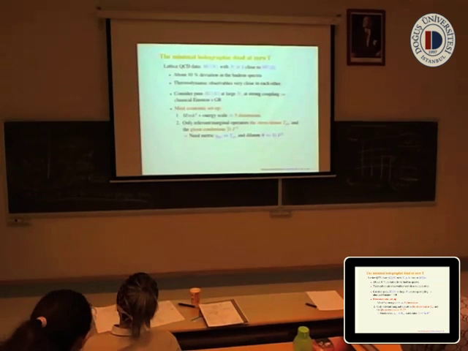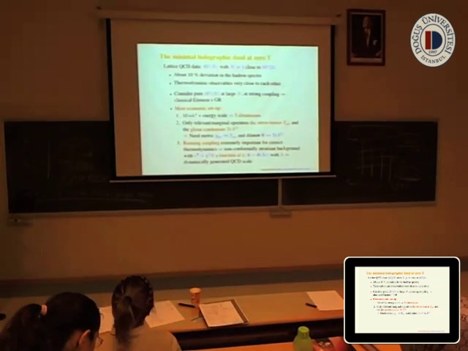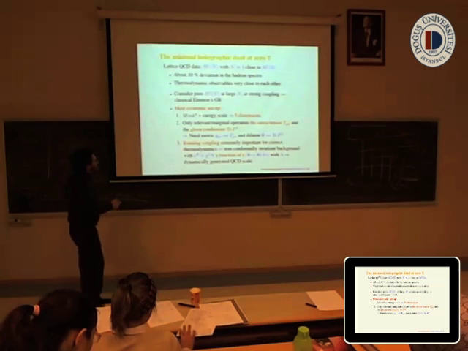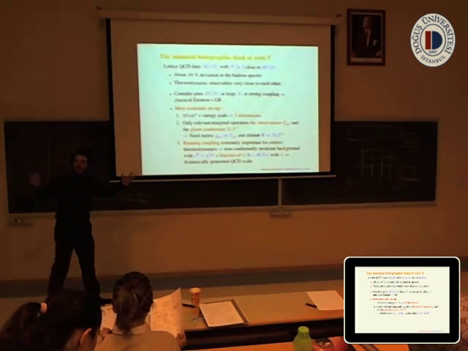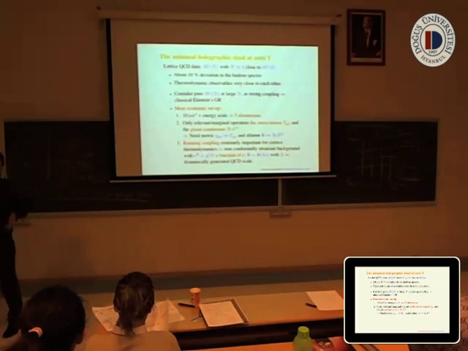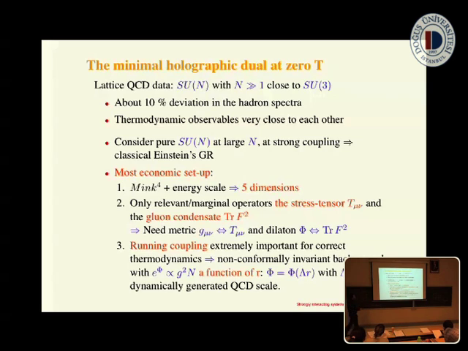The third point is that there's a running coupling in QCD. In SU(N) gauge theory there's also a running coupling, which means that the coupling constant is a function of the energy. In holography you relate the coupling constant to a bulk field called the dilaton, phi, and the coupling constant is related to the dilaton in this way.